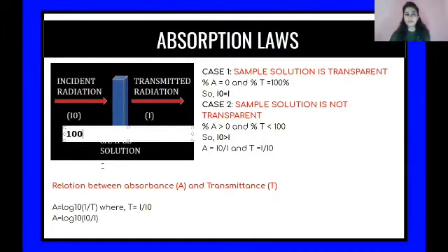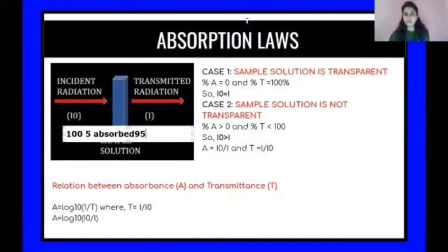Now, of this 100% radiation, a certain amount is absorbed by the sample solution. Let's say, for example, 5% is absorbed by the solution. Then only 95% will be transmitted.